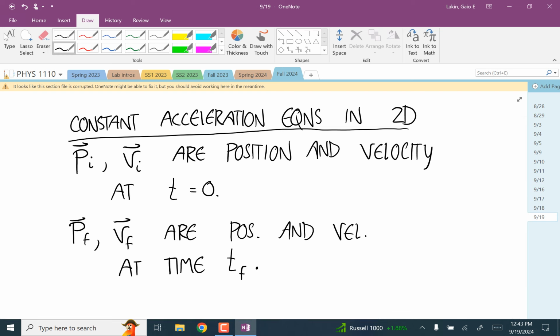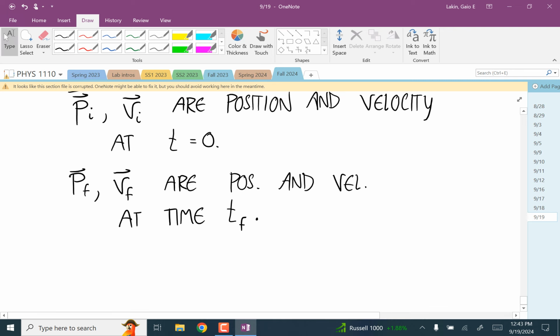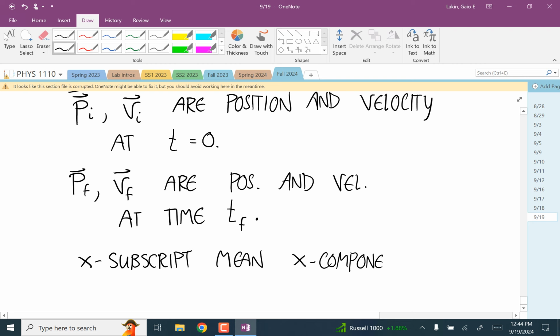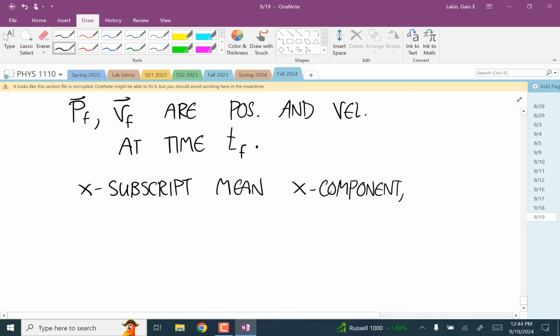And to use these equations, we're going to have to deal with the subscripts that tell us whether we have x components or y components. So an x subscript of a vector means the x component, and a y subscript means a y component.